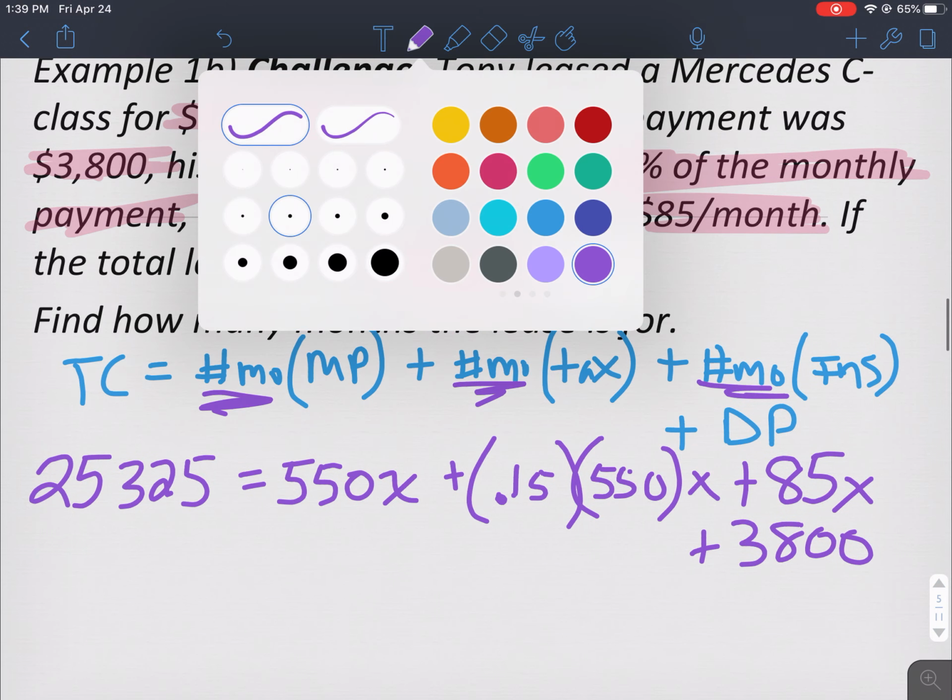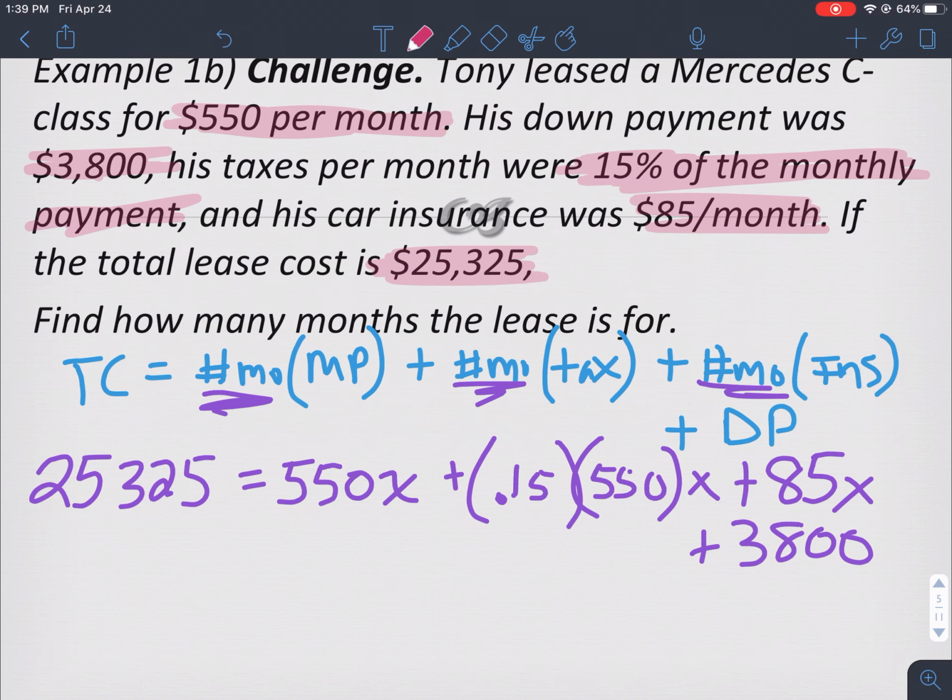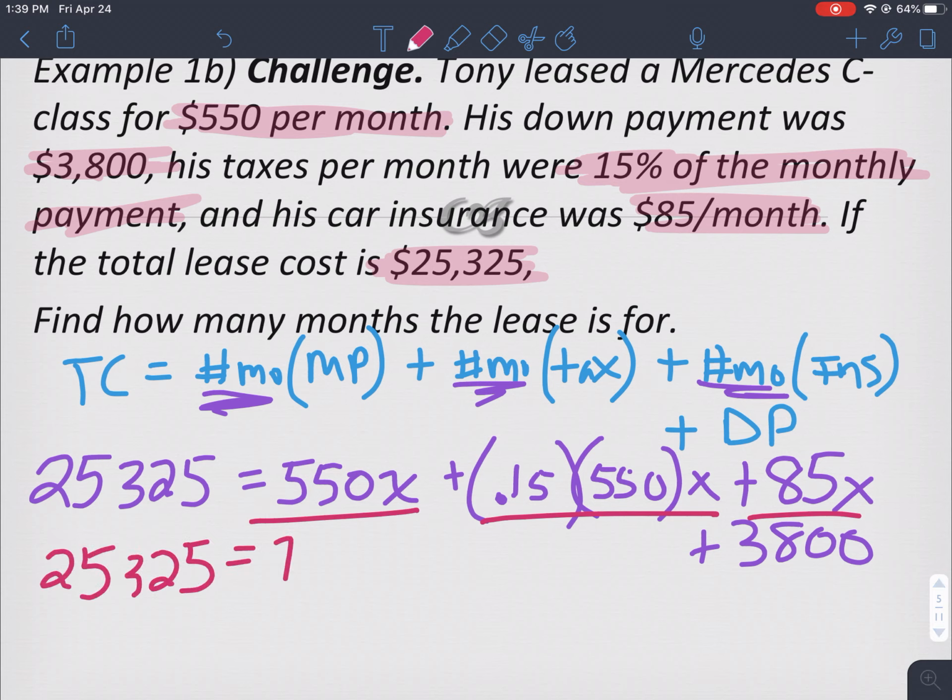I'm going to solve this by combining like terms. And that's going to come out to $717.5x plus 3,800.